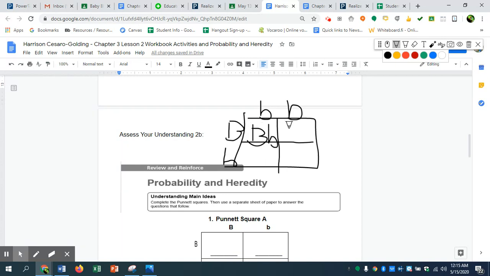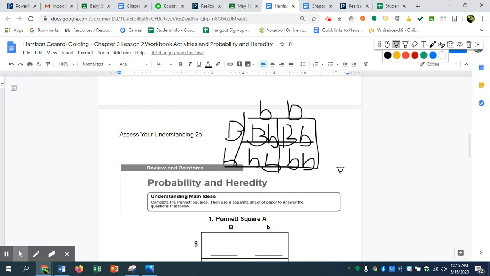We'll bring mom's capital B over because capital always goes first. We'll bring dad's lowercase b. Now, we'll bring dad's lowercase b down and mom's lowercase b. She's a carrier. We'll bring dad's lowercase b over and mom's lowercase b.